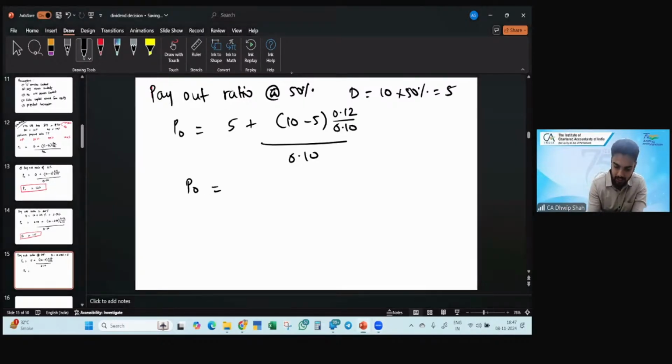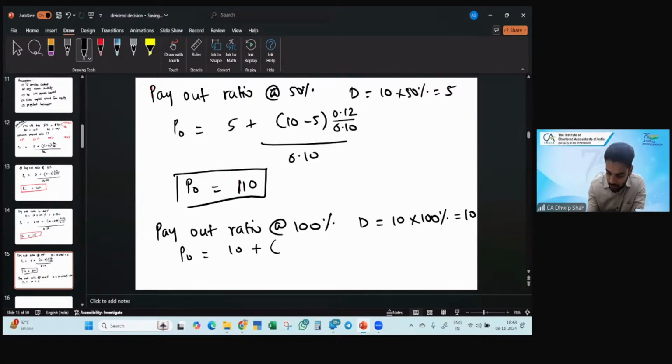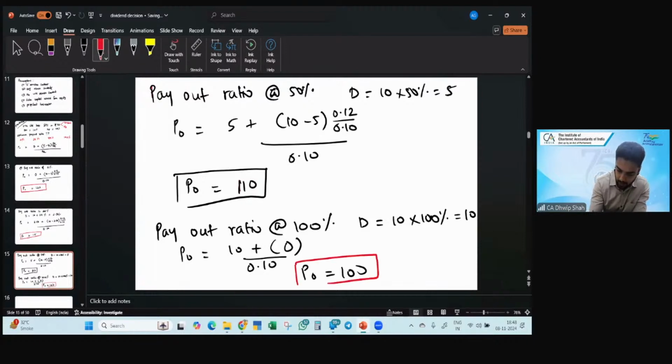So P0 comes to 110. Last but not the least, when the payout ratio is 100%, the entire earnings is distributed as dividend. So P0 is equal to 10 plus 10 minus 10, which would be 0, the whole divided by 0.1. So P0 will be 100.